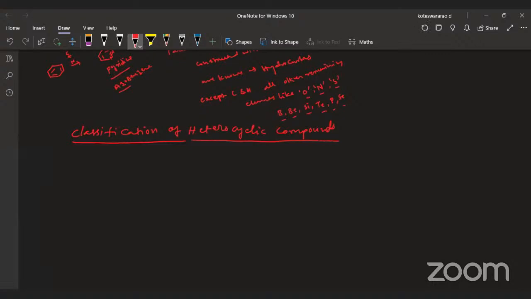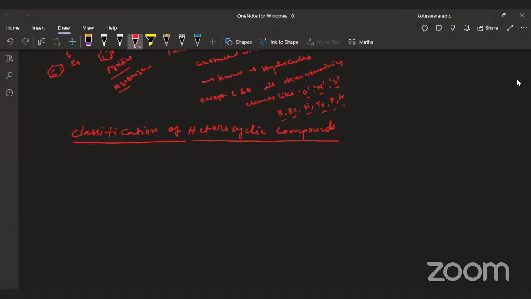Here, several classifications of heterocyclic compounds are there, but no single classification will give the clear picture of the different types of heterocyclic compounds when we consider them individually. But whenever we combine all the classifications together, that will give the full-fledged classification of heterocyclic compounds.